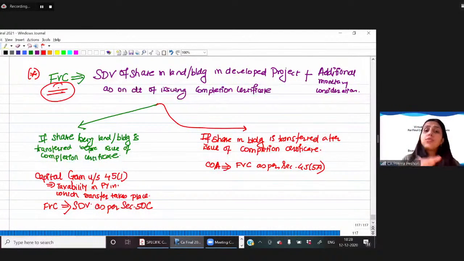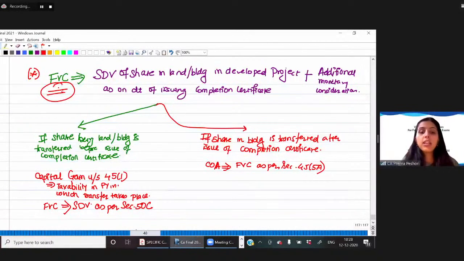So once you transfer your land, once you transfer your building, after issuing the completion certificate, your FVC will be the amount which you will receive and the cost of acquisition will be as per 45(5)(a). Is it clear?